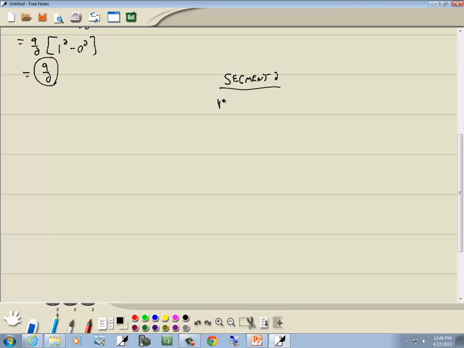Okay, so r in this segment is equal to 3i plus 2t minus 2k from 1 to 2. So this is going to be our x of t, and this one will be our z of t. We don't have a j in here, so our y of t is 0.